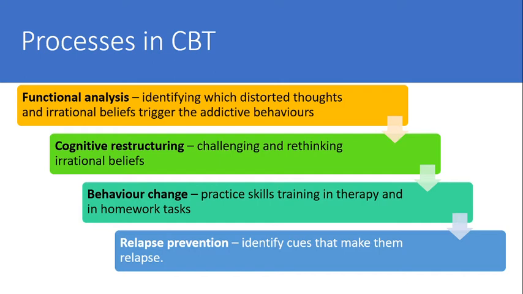What's going to happen when you face this trigger? What irrational thought might it trigger off in your head? Can we replace that with a more rational one so that you're not going to relapse just because you're in a particular situation? So it might be possible to remove you from the situation, but if it's not, then how are you going to cope with that situation and not resort to your addictive behaviour?